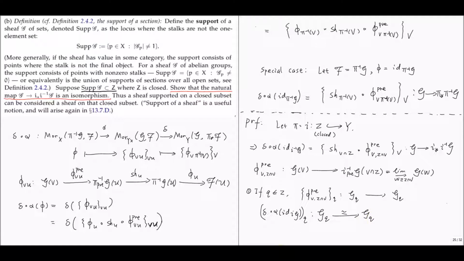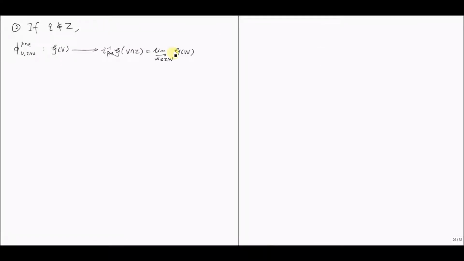On the other hand, if Q is not in Z, then we see this part. We know that this part, when taking the colimit over all open neighborhoods of Q, will become G of empty, which is a one-point set.